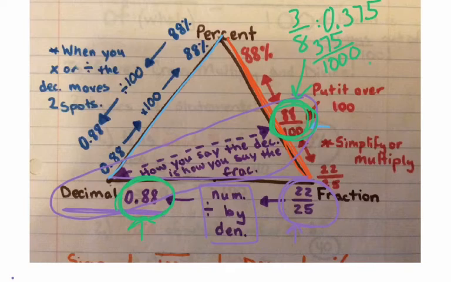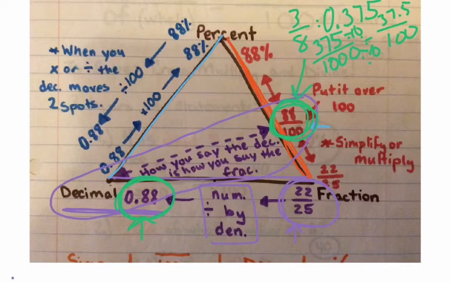But we know that to make it a percent, we'd have to get it over 100. So that's the process we are working through right now. I know that I can divide both of these by 10, and I would end up with 37.5%, because it's 37.5 over 100.